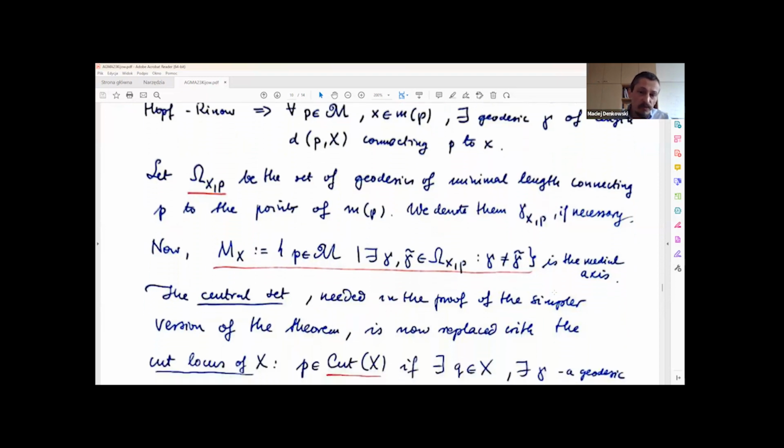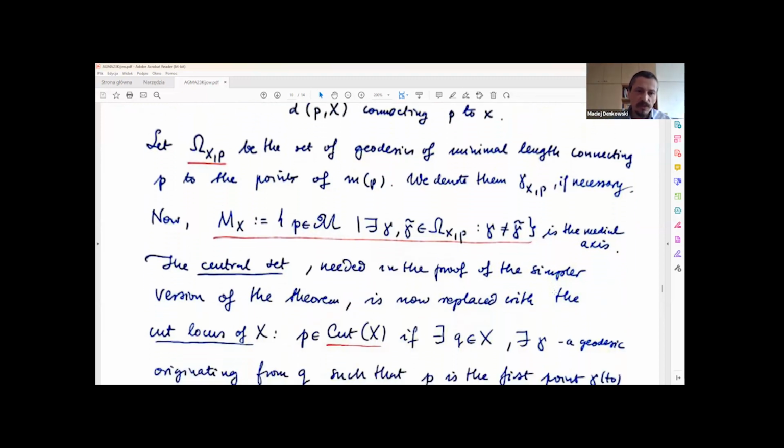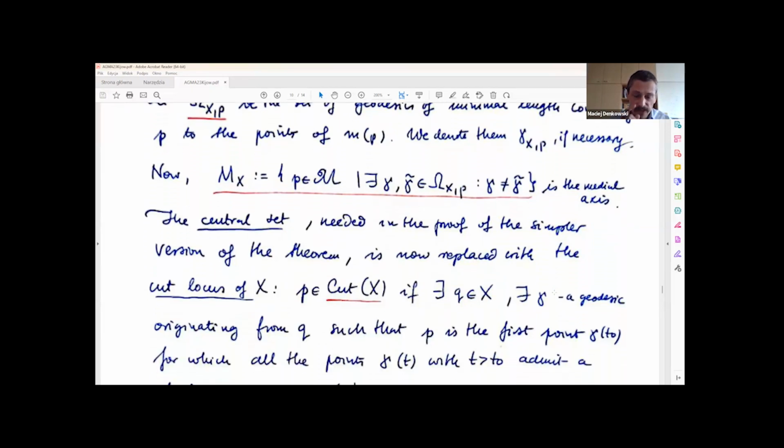So now the medial axis is defined like this. There are two different geodesics, right? It's exactly what we have, and the central set, which was actually crucial in the proof of the simple version, is replaced by what we call the cut locus.